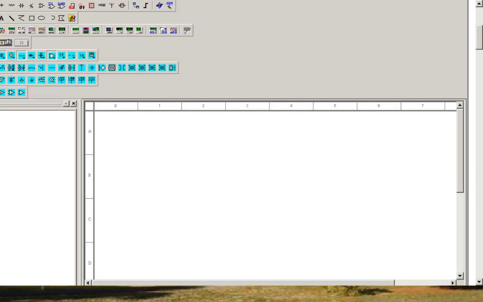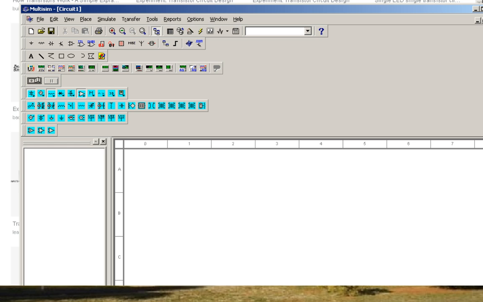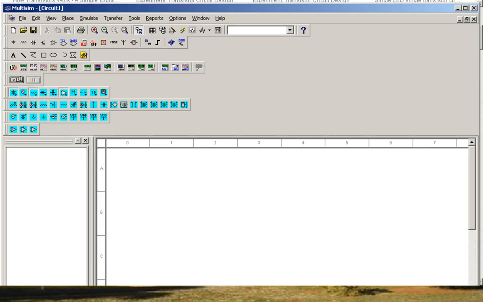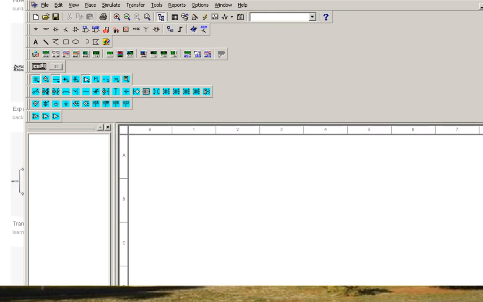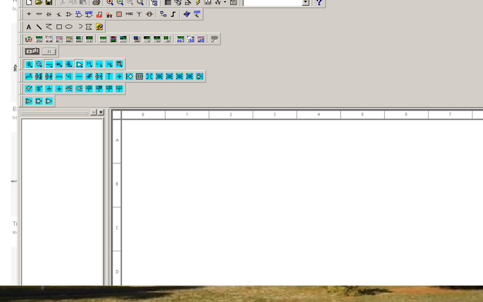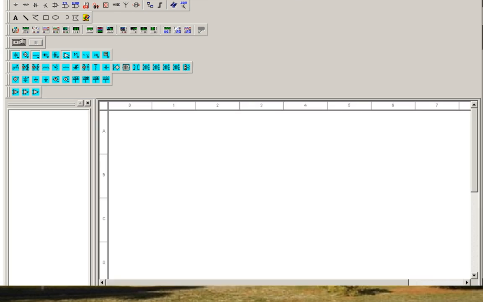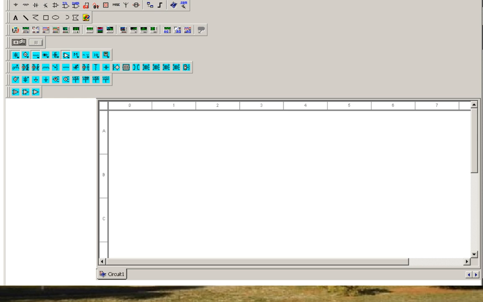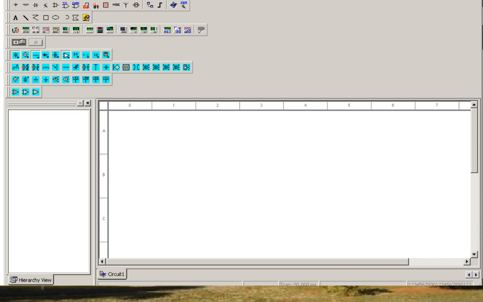I'm going to... some of this stuff you can't see, can you? Let's see if we can build that circuit real quick. I mean, it does look interesting, I guess.